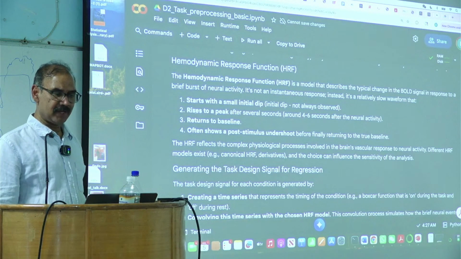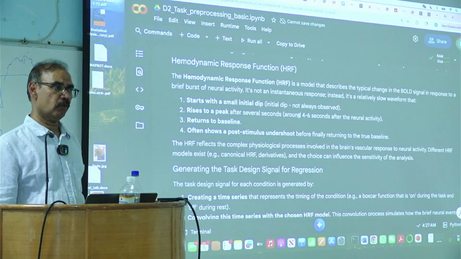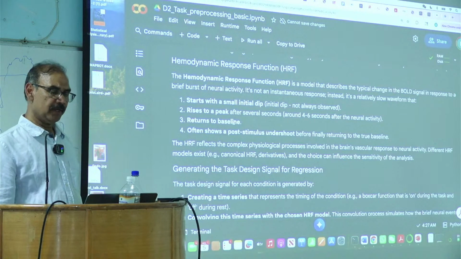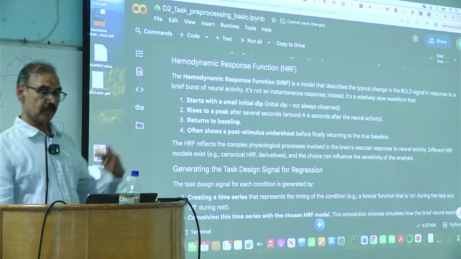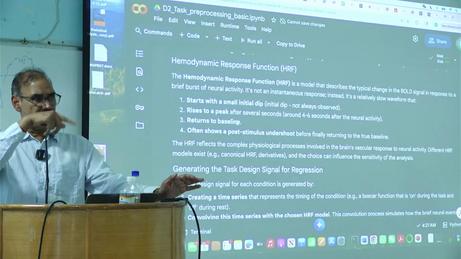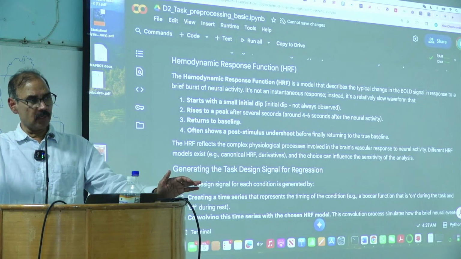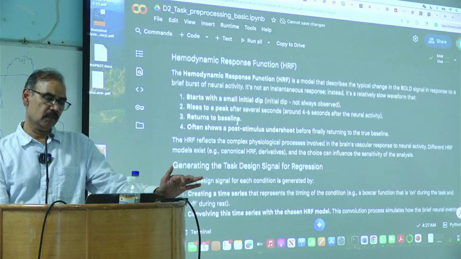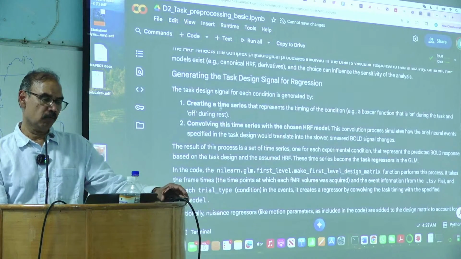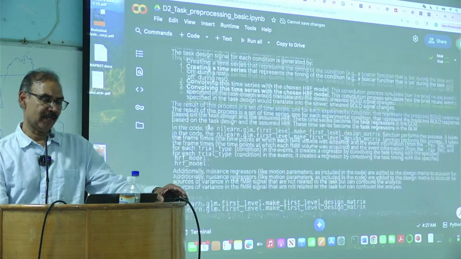Then it rises to a peak after several seconds, it may take 4 to 8 seconds, and then returns to baseline. As I had mentioned, there is a post undershoot: it goes below the baseline and slowly comes back to baseline. And for GLM, we have to generate a task design.